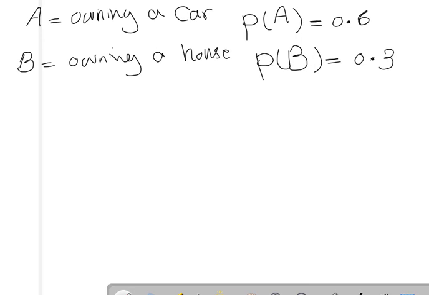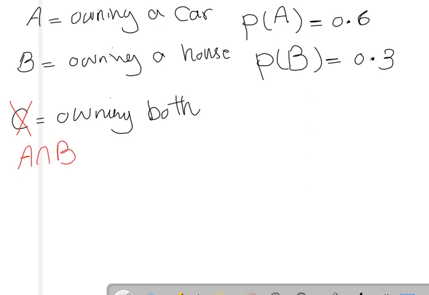and the probability of owning both of them, we can write it as owning a car and owning a house.